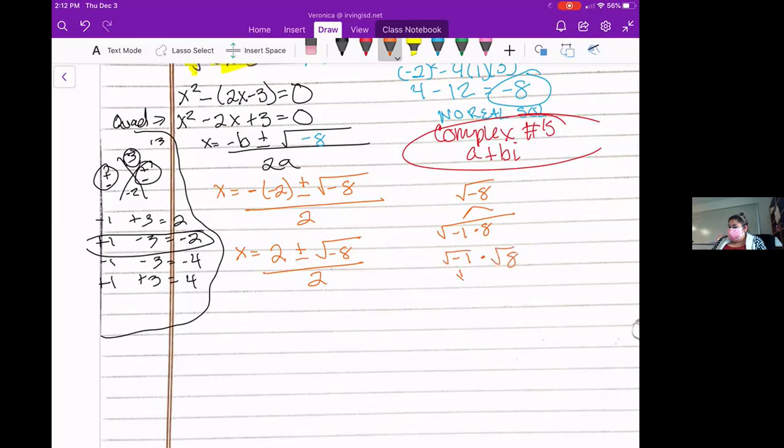This is i, and this can be broken down to the square root of 2 times 4, which is the same as the square root of 2 times the square root of 4. Well, what's the square root of 4? 2. So we have 2 square root of 2. So the square root of negative 8 is equal to 2 square root of 2i.